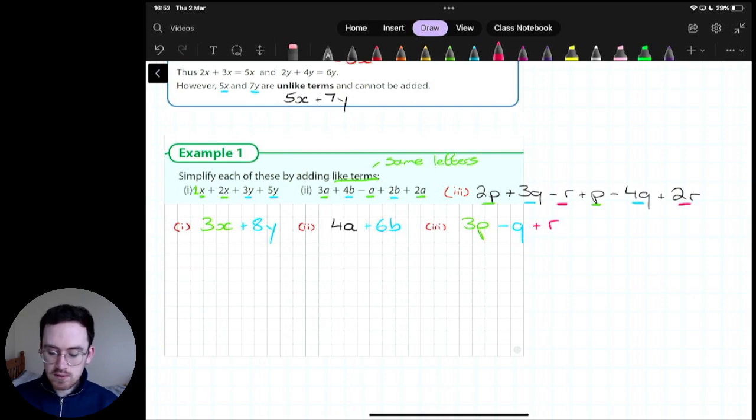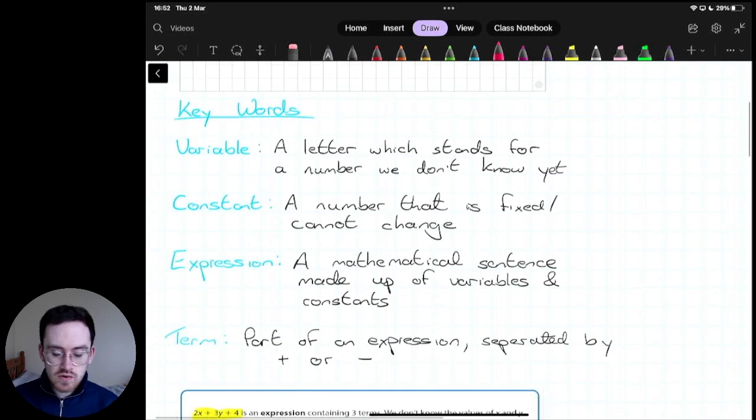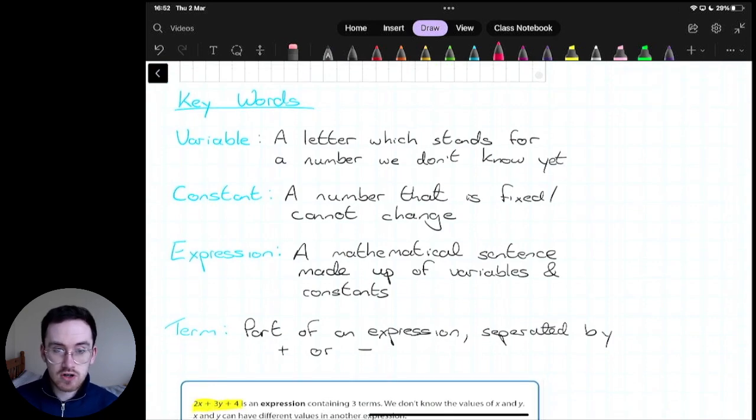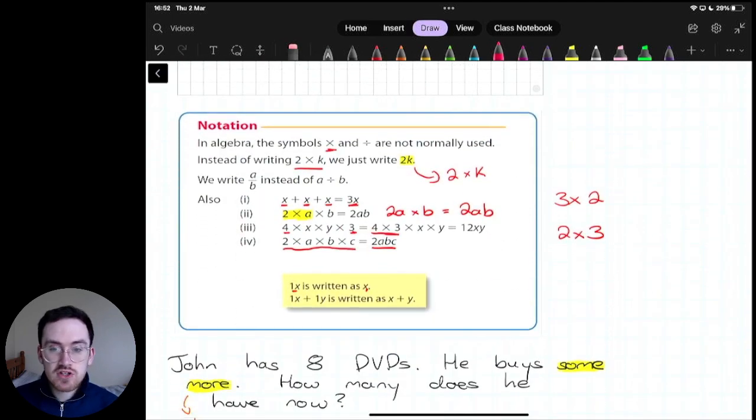So the key takeaways from this part: these 4 key words, so variable, constant, expression, and term, knowing what each of those means. The notation that we use, so instead of multiplying, we just say 2k, and that idea that that number in front of the x tells us how many x's there are.